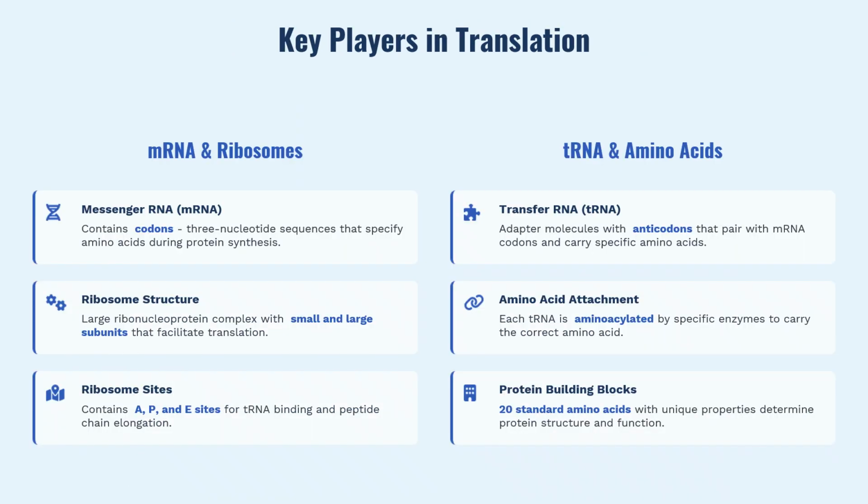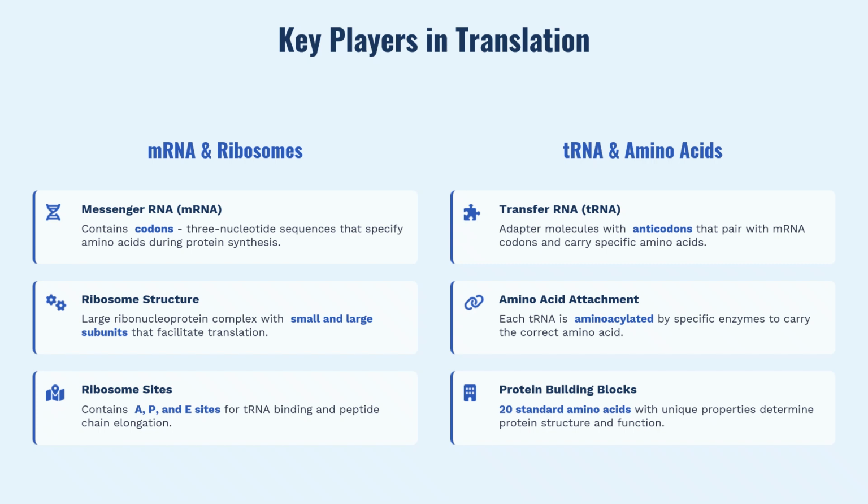Translation requires four essential molecular components working together in precise coordination to synthesize proteins accurately. Messenger RNA serves as the template containing the genetic code in the form of three nucleotide codons that specify which amino acids to incorporate.